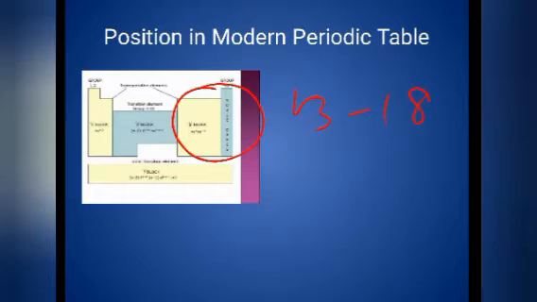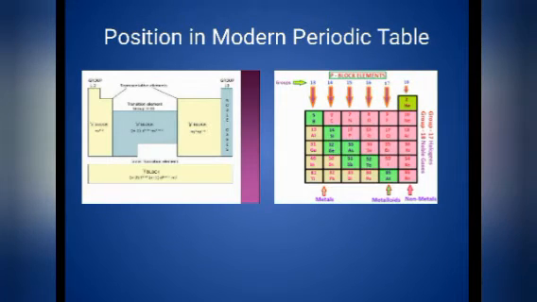These are generally configured as ns2 np1 to 6, and generally known as representative elements. Mostly non-metals and metalloids are there, and some metals are also there. So these are group numbers 13, 14, 15, 16, 17, 18.